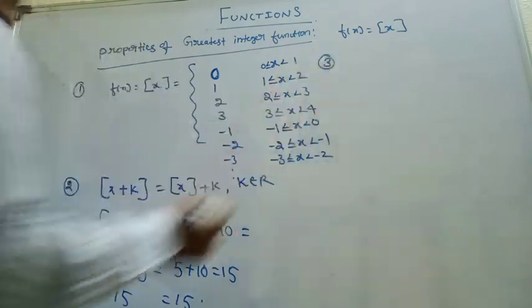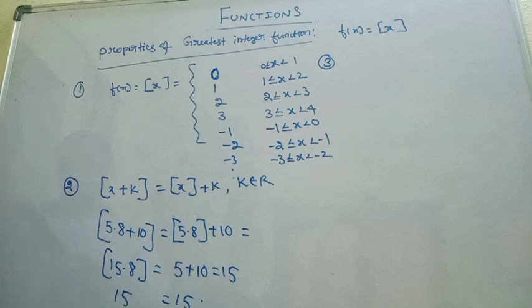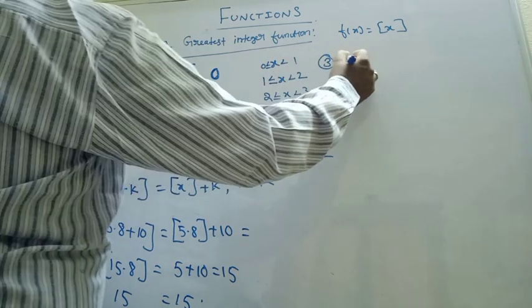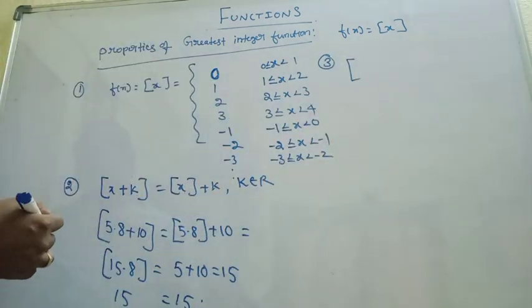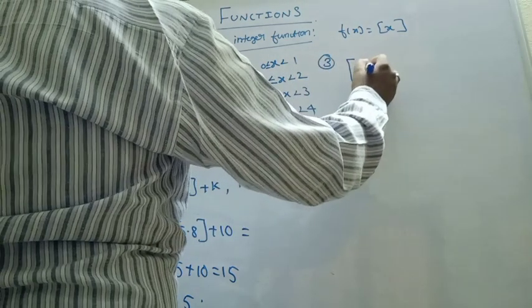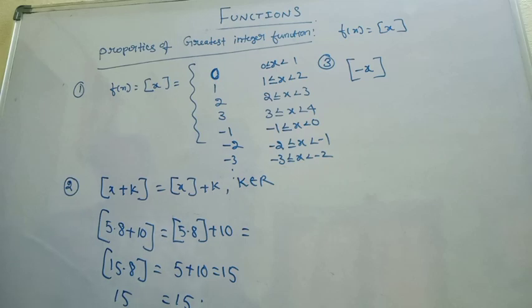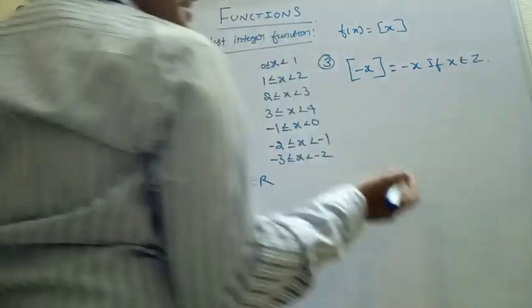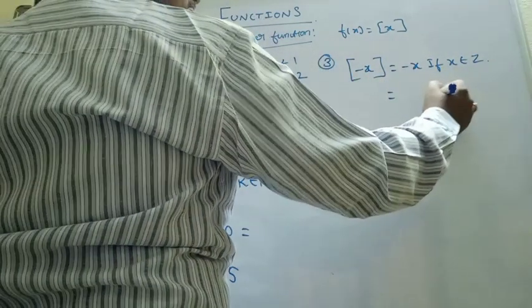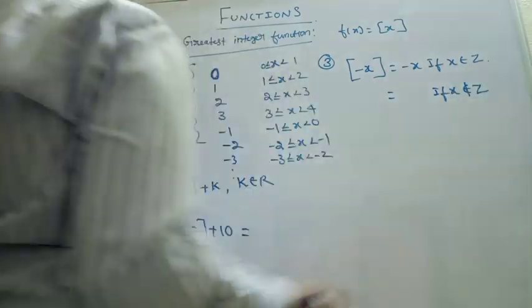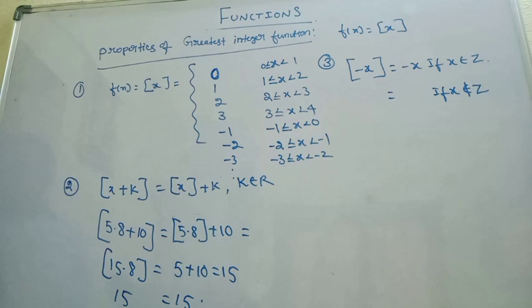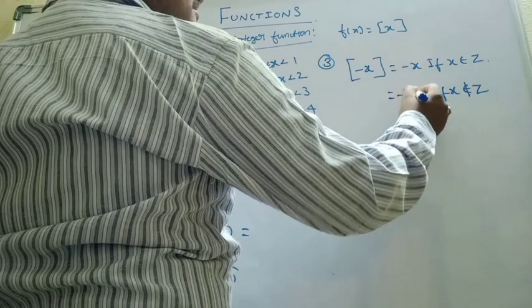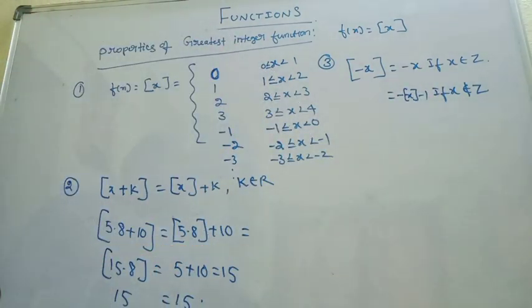Now the third property. Step of minus x becomes minus x if x belongs to the integers. And if x does not belong to the integers, that is x does not belong to Z, then step of minus x equals minus of step x, minus 1.